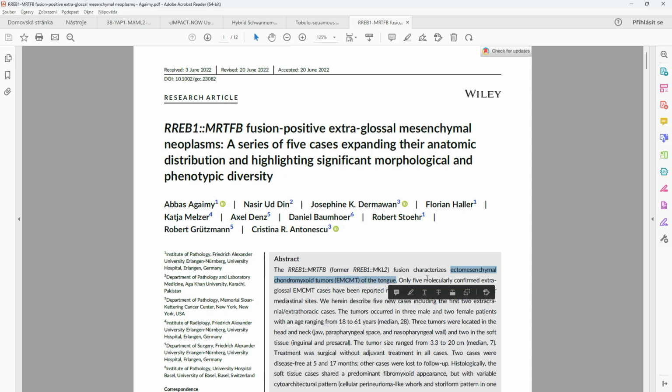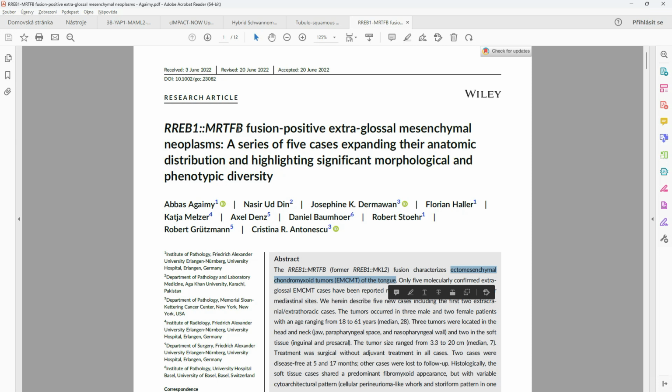These tumors typically occur in the tongue or rarely elsewhere in the oral cavity. But in recent years, there have been cases with the same fusion described in other areas. And some of those were morphologically a little bit similar to ectomesenchymal chondromyxoid tumors, but others were completely different.